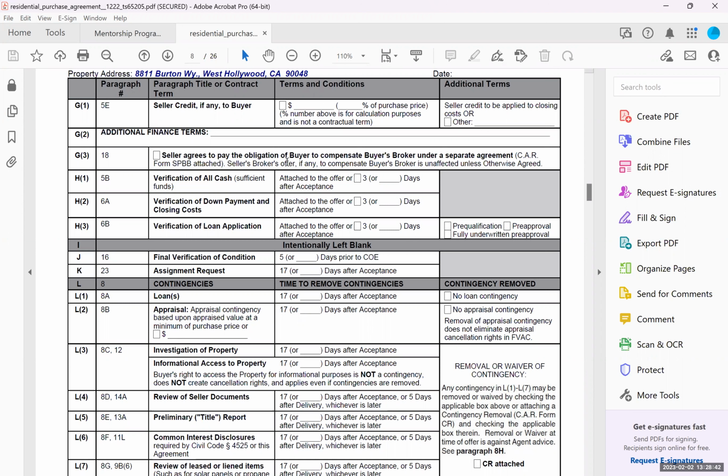I have a question. Yes. How are you going to put on the RPA where the seller decides to pay down the point for the buyer? I don't put it in there. I haven't done it; this doesn't happen very often.